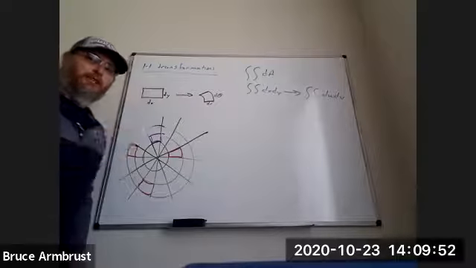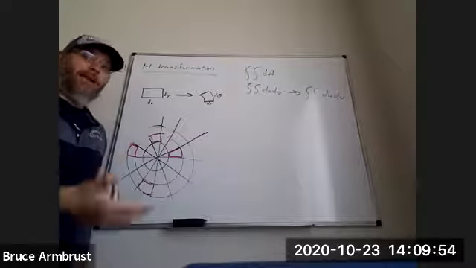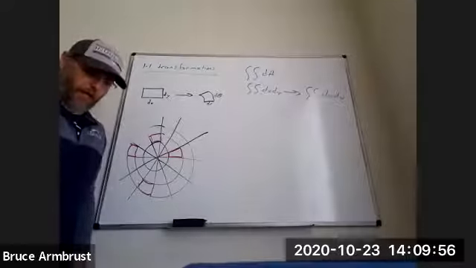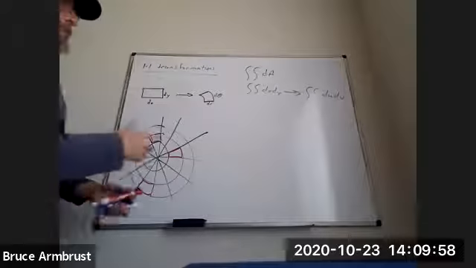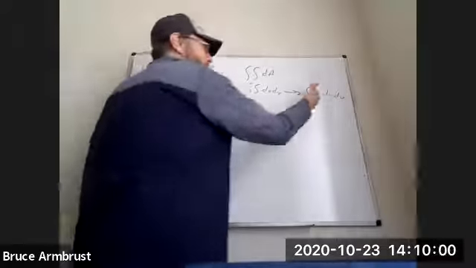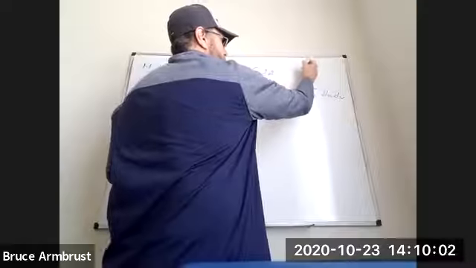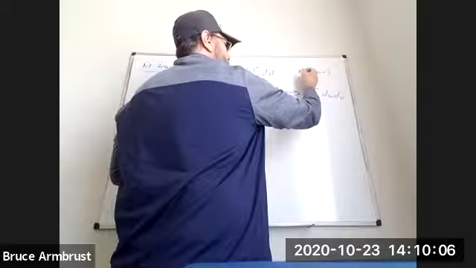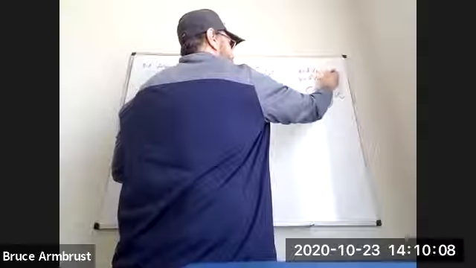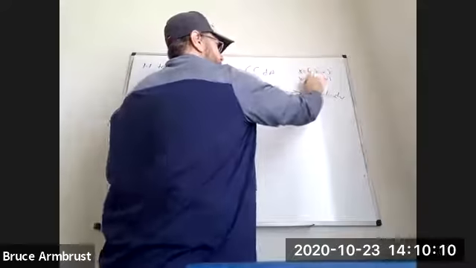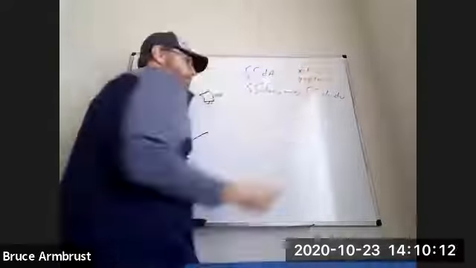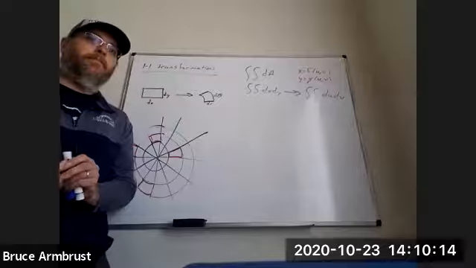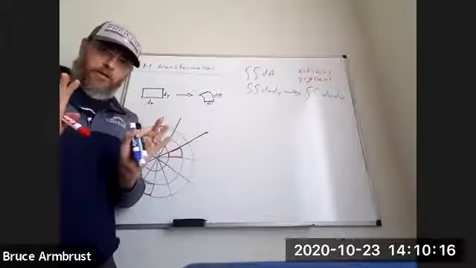So u and v are just some other way. But suppose that we do have some sort of relationship between these. So x is some function of u and v, and y is some other function of u and v. So go back to polar.